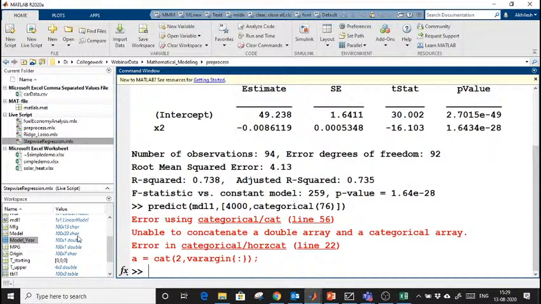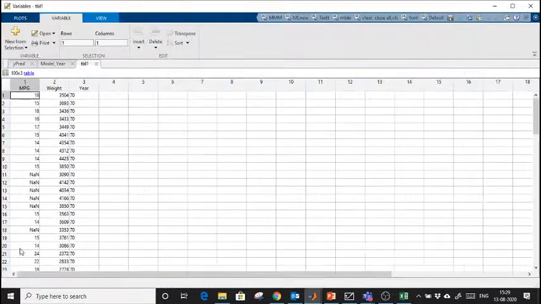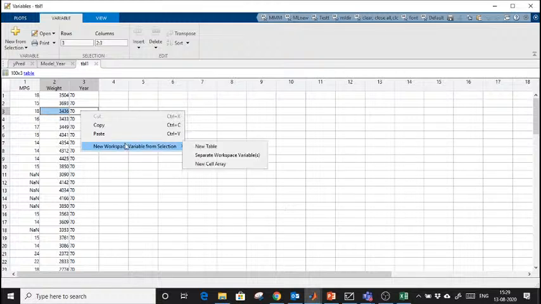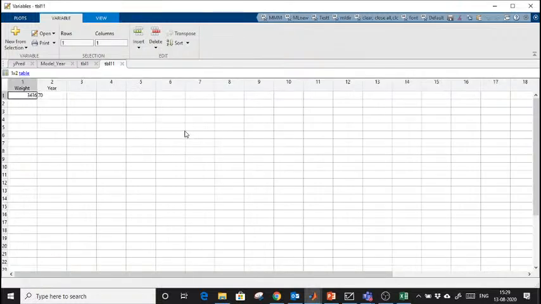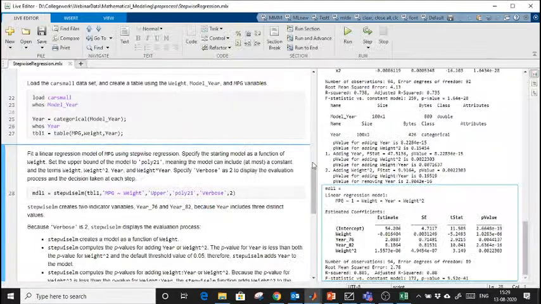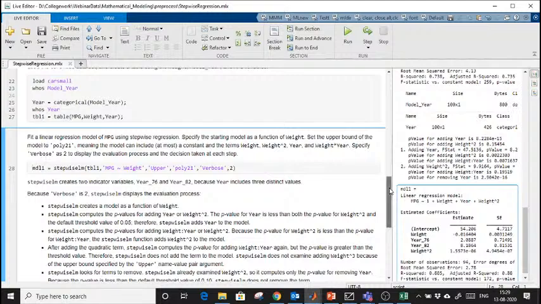So instead, from the table which we created here, we can choose any one row and save it as a new table, and if I provide this as an input, it will predict what the mileage will be. So if your model input is a table, then you have to provide input as a table to your model as well.